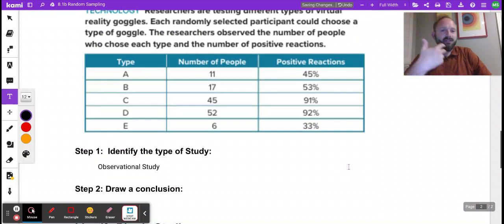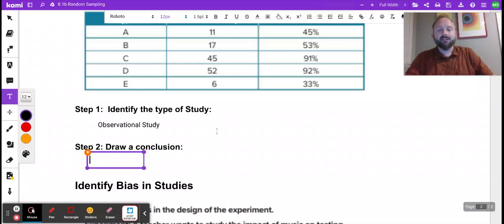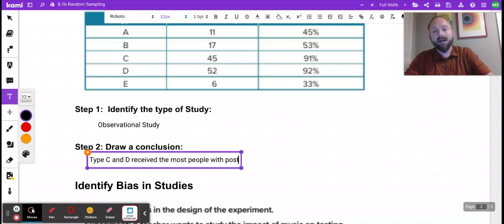Draw a conclusion. Just from the researchers' data, I would say type C and D received the most people with positive reviews.